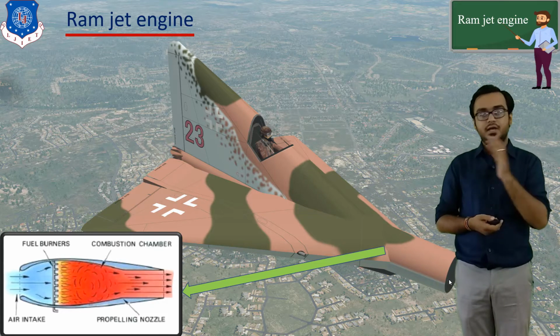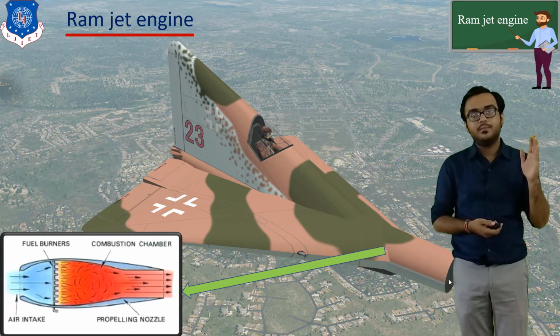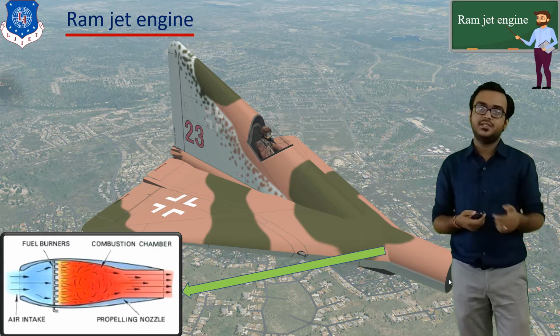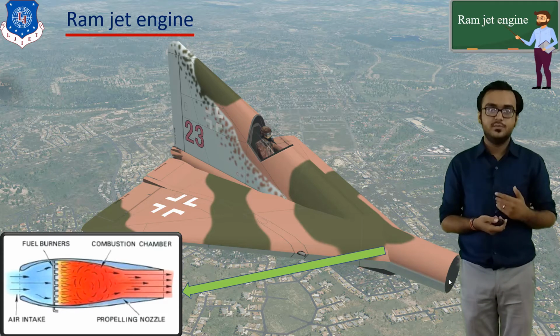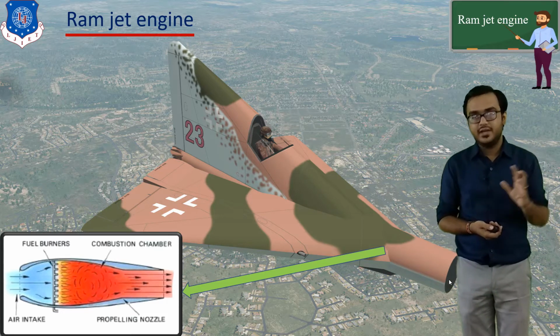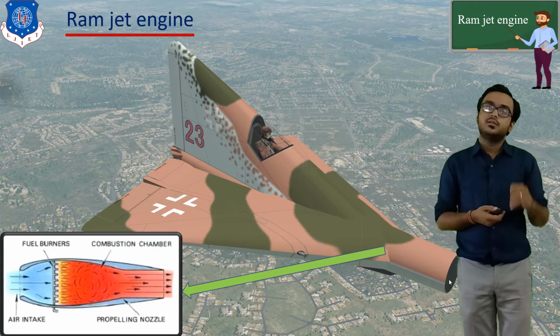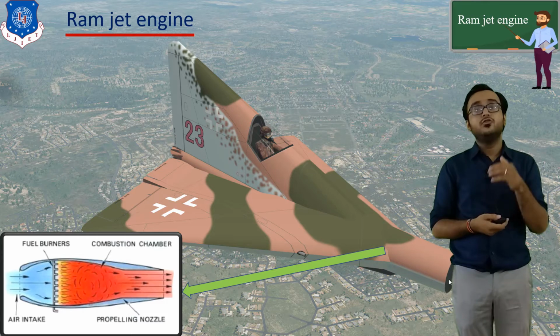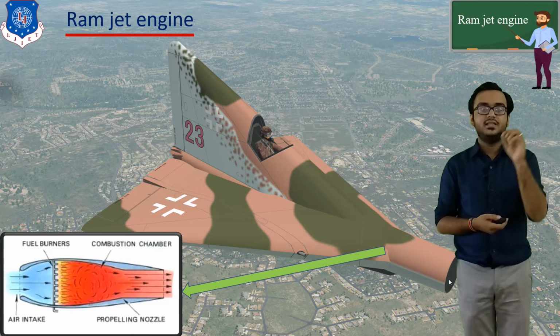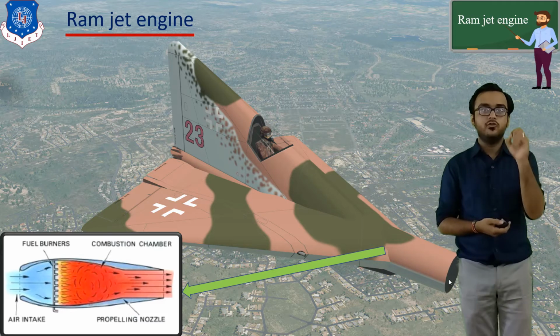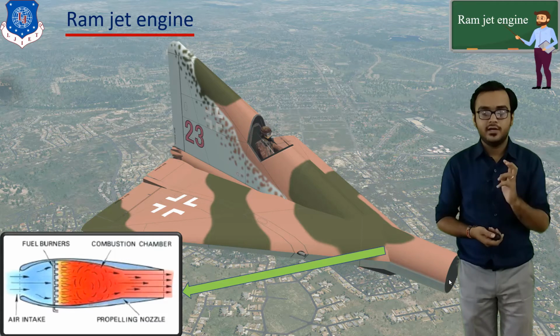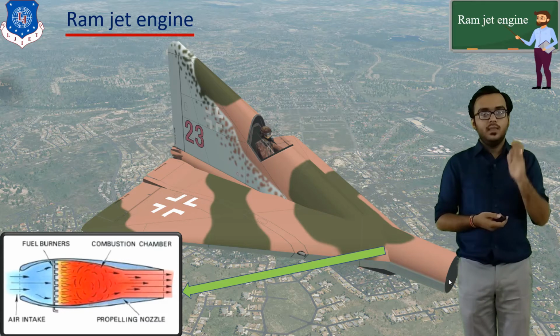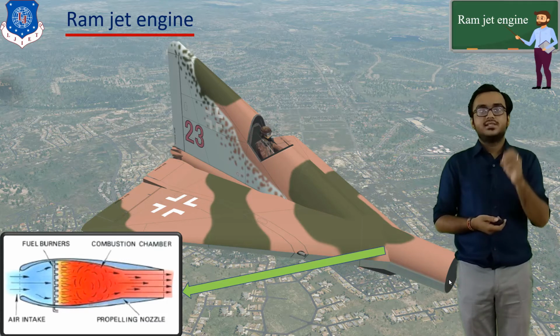Now, as the air passes through the diffuser, as I told you, its pressure and temperature both increase because of the increasing area of the body. After this, the air comes into contact with the fuel burner, which is situated inside the engine. You can observe the fuel burner in the line diagram. In the fuel burner we are supplying fuel.